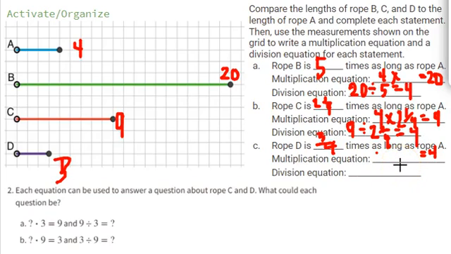And if you take the original length here, you take that 4 and you multiply it by 3/4. Golly, I did that backwards again.